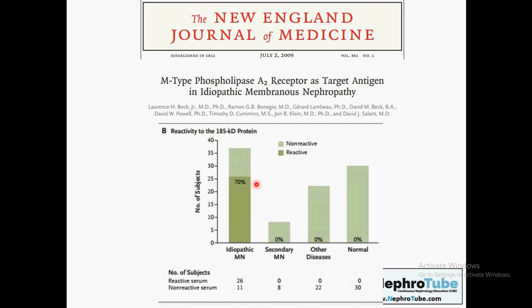In this study, they found that about 70% of cases with idiopathic primary membranous nephropathy had anti-phospholipase A2 receptor antibody in their serum, while in secondary membranous nephropathy, other diseases, and the normal population, it was negative.